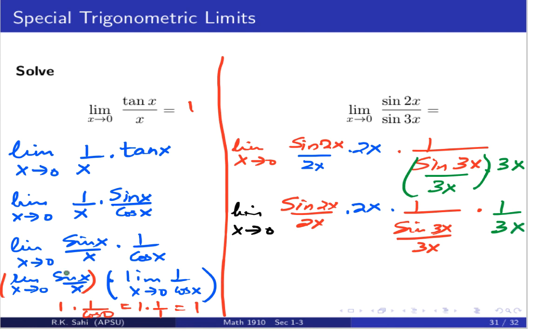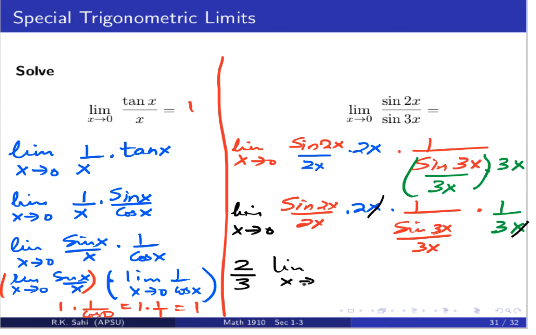Notice? Everything is a multiplication, guys, here. Okay, notice this x and this x can be easily cancelled. And what are we left with? A 2 and a 3. These are constants, so you can simply pull them out. We can take the 2 out and divide by 3.